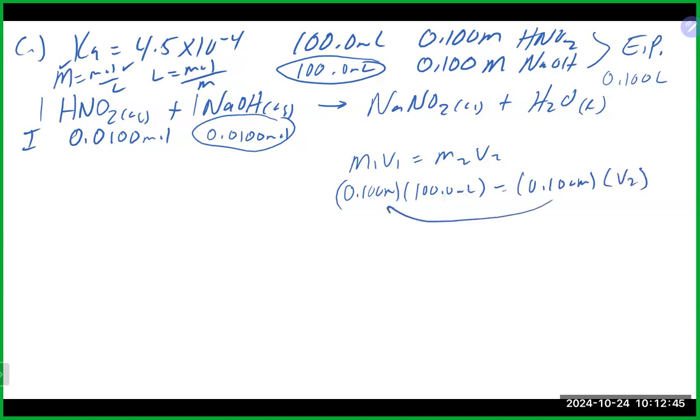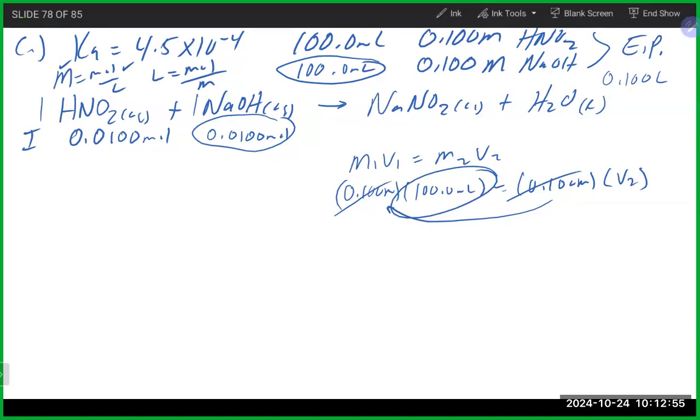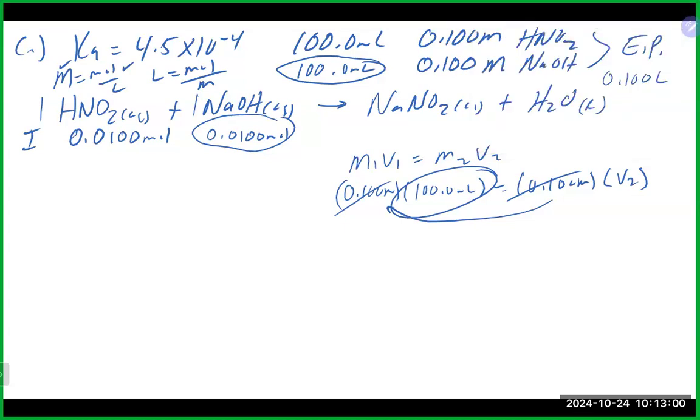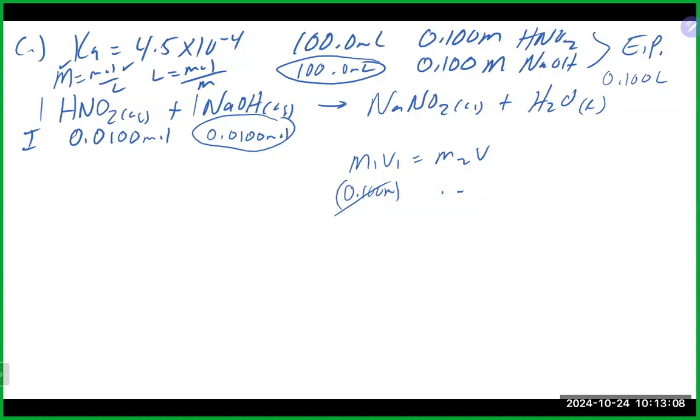Dividing this to the other side, my 0.1 molars are going to cancel, and you'll be left with 100 milliliters as well. Or lastly, if you have a 1-to-1 relationship and they have the exact same concentration, you'll need the exact same volume to reach the equivalence point. So that's a third way if they happen to be the same concentration. Any questions on how you can get to the equivalence point volume?